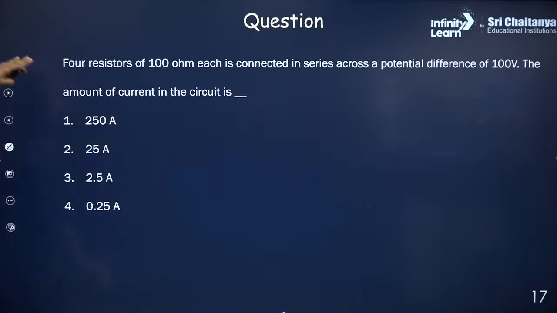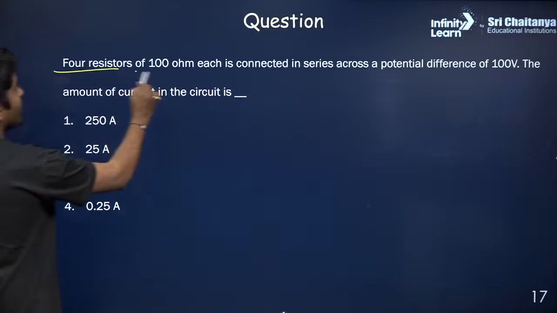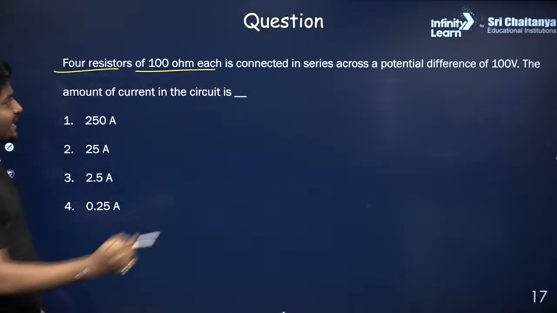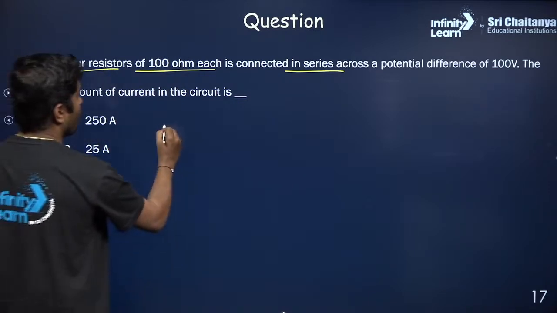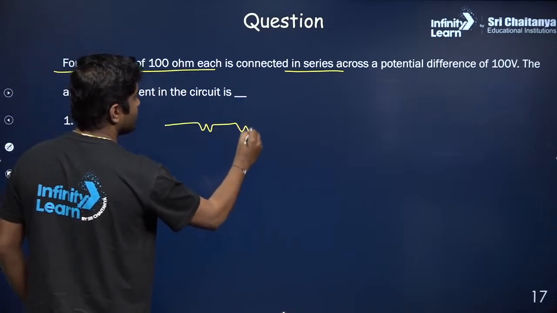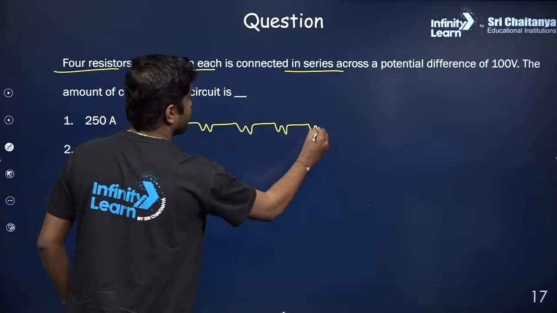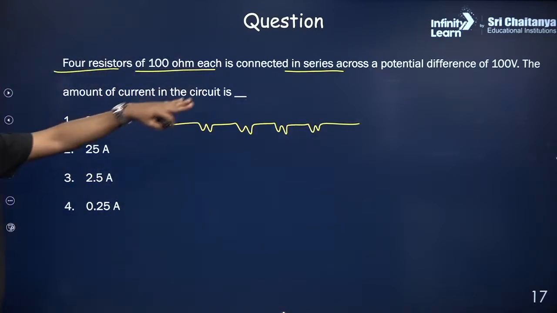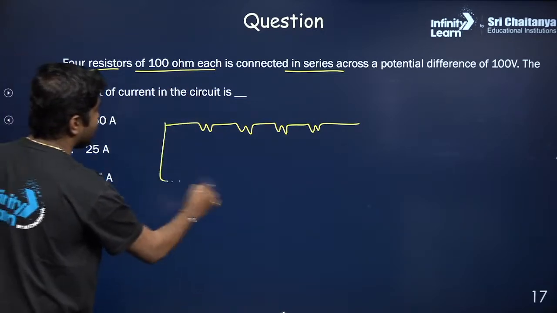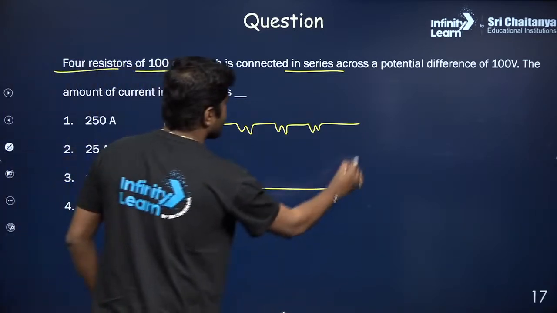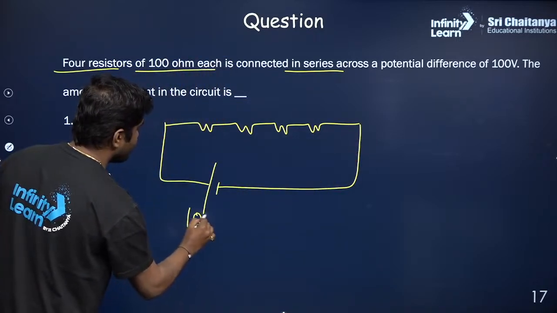I'll explain the question. 4 resistors, 100 ohm each. They are connected in series. So let's draw it. 4 resistances connected in series, and a potential difference of 100 volt. That means there is a battery which supplies a potential of 100 volt.